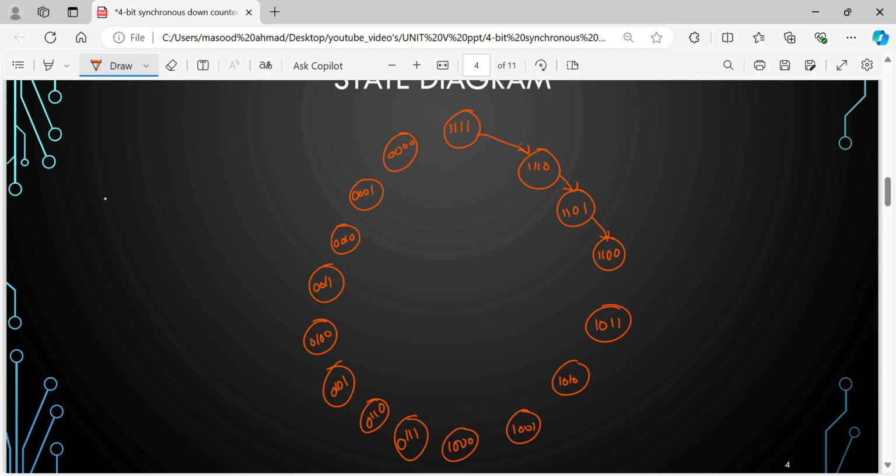From this information itself, we will build the table: from where to where we are moving, what is the present state and what is the next state. So this is known as the state diagram for the 4-bit synchronous down counter.